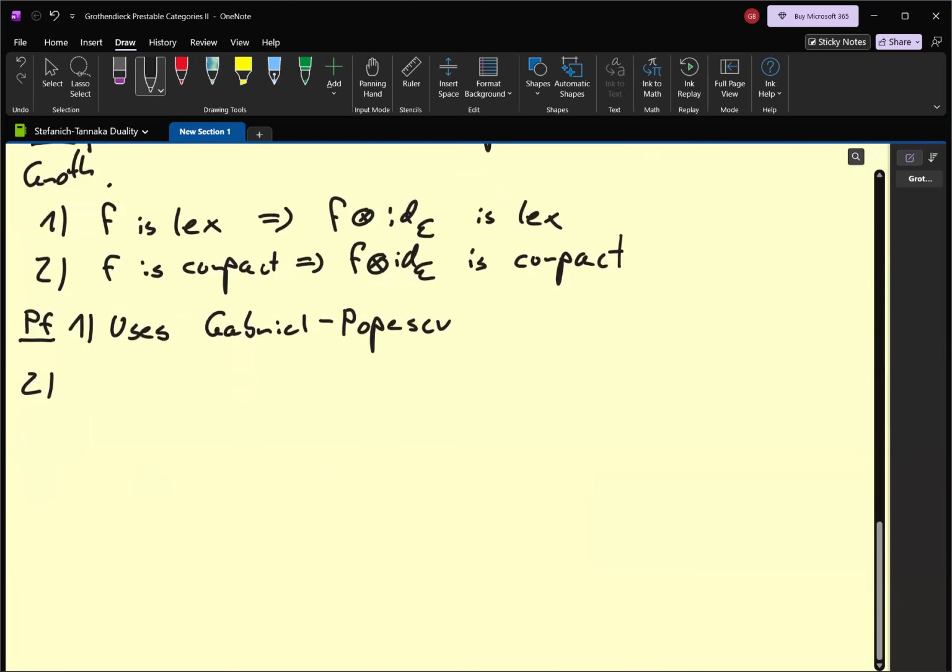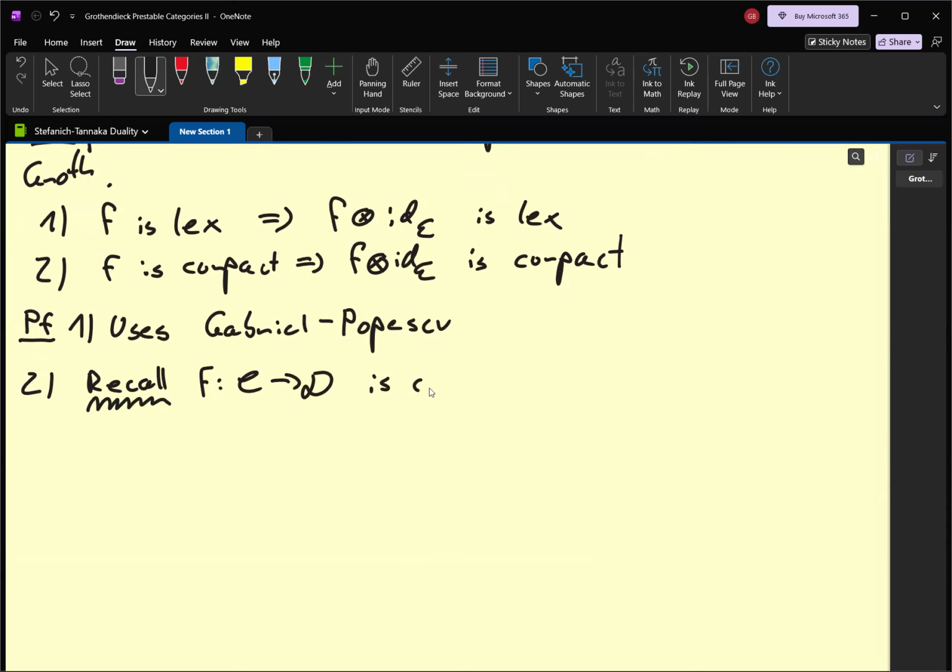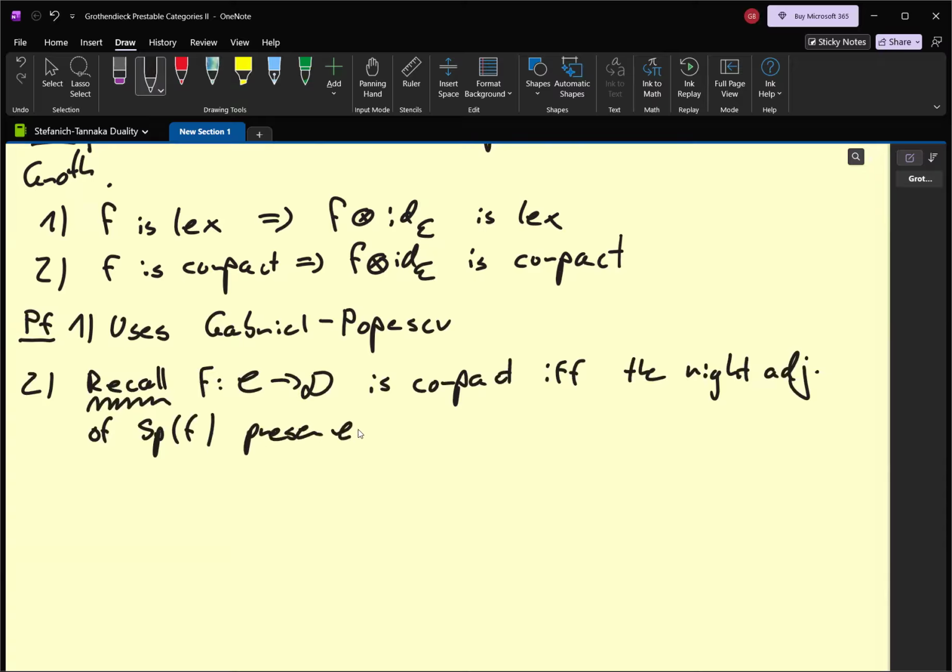Last time we had the following characterization: that f from C to D is compact if and only if the right adjoint of the spectrification SPF preserves small colimits. I.e., because we're between presentable categories, it admits an adjoint.